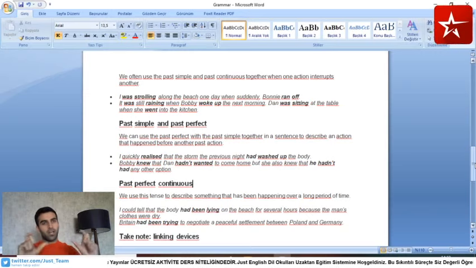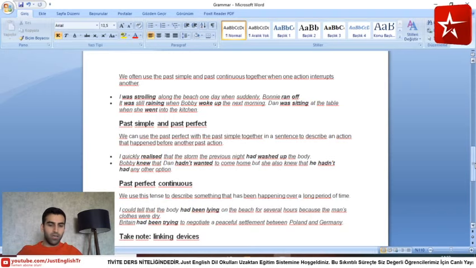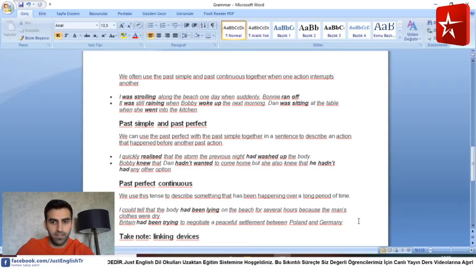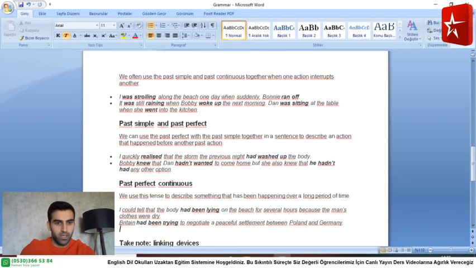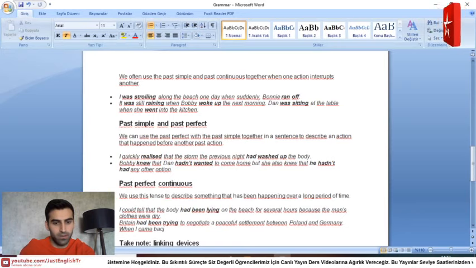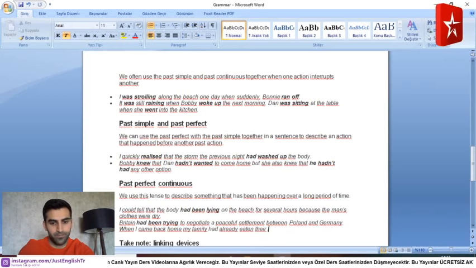Okay, so in this sentence we have 2 actions. Let me write it here. When I came back home, my family had already eaten their dinner.